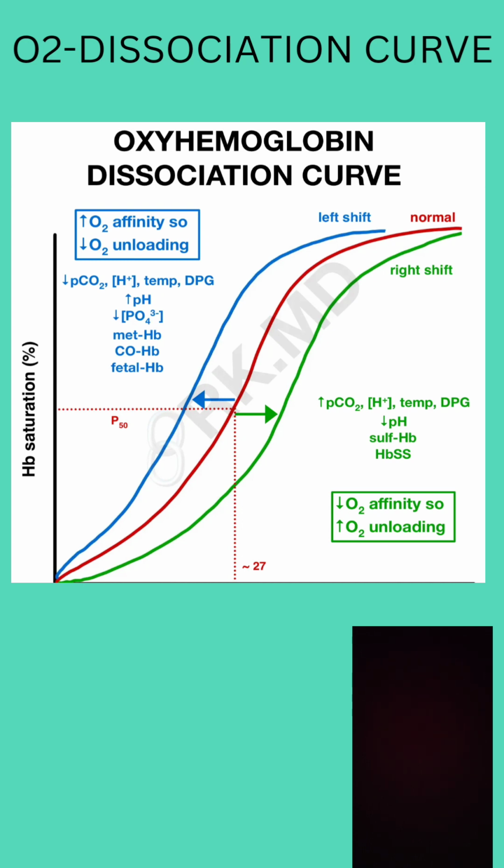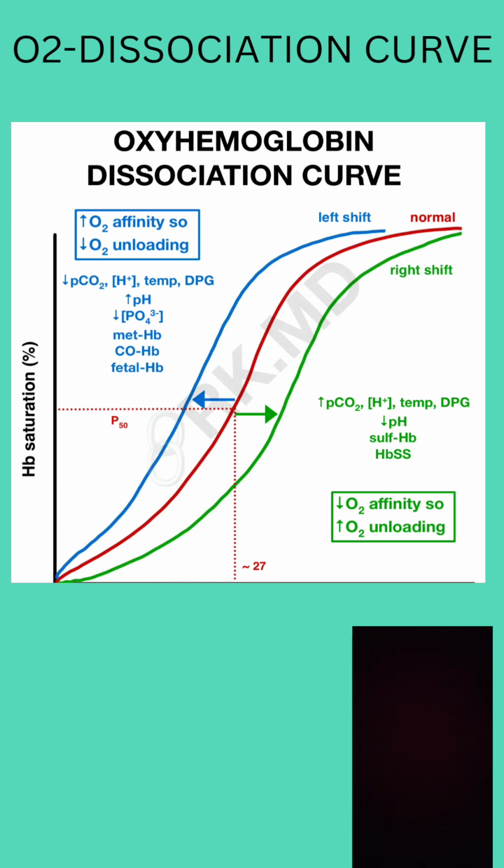But in normal circumstances, arterial blood is 97% saturated with oxygen. Under normal conditions, the curve generally shifts to the right, facilitating the release of oxygen.